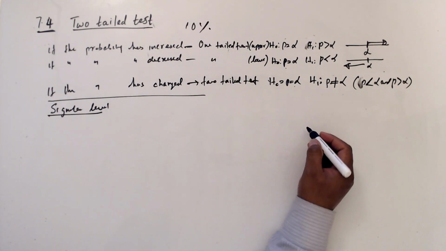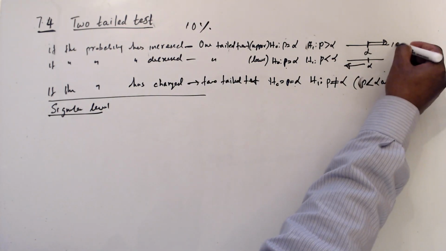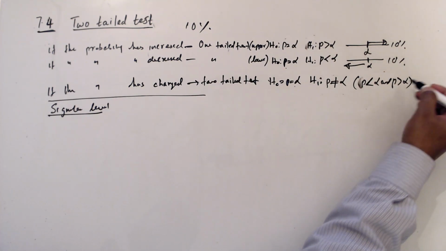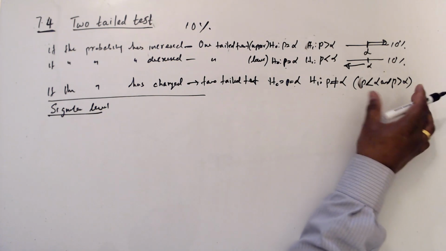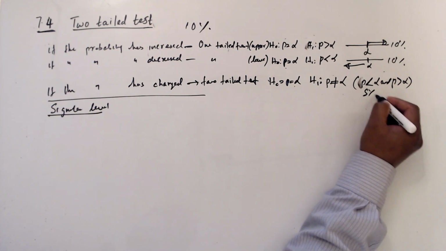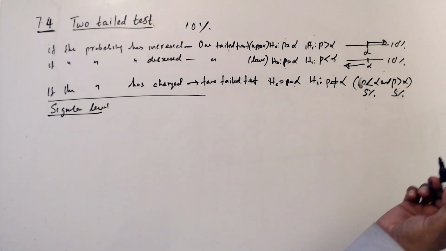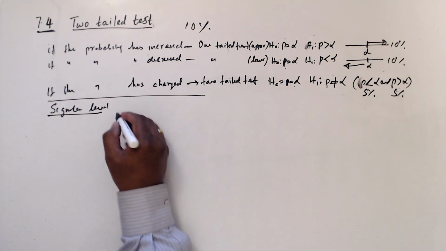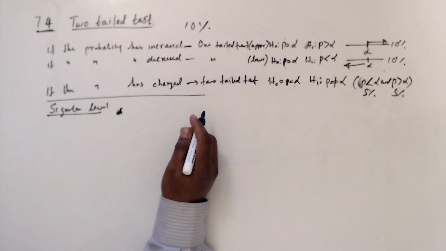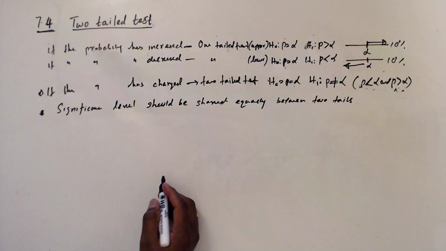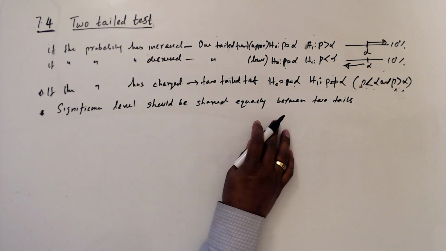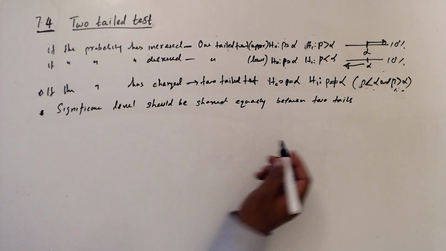For one tail it is 10%, but for two tails we have to divide it between both sides, 5% and 5%. So basically we have to halve the significance level. The significance level should be shared equally between two tails.